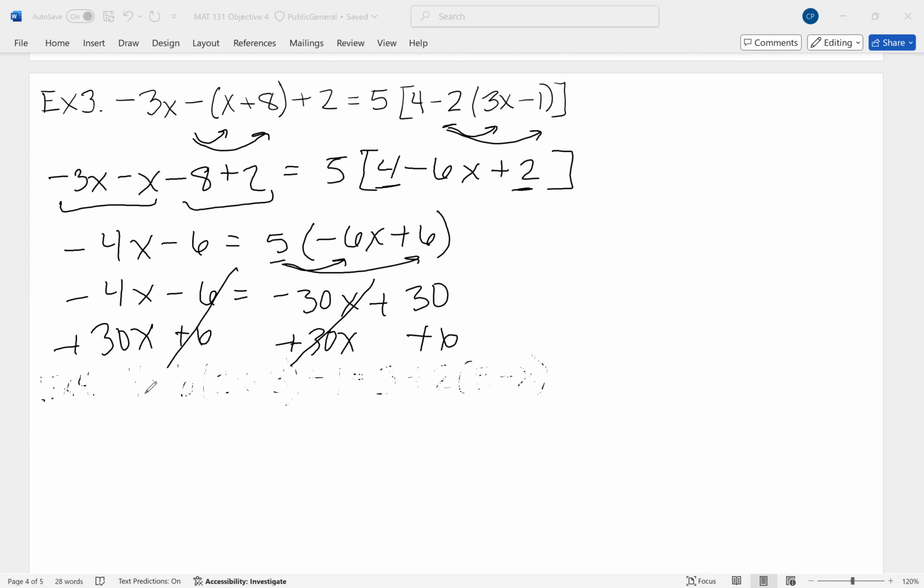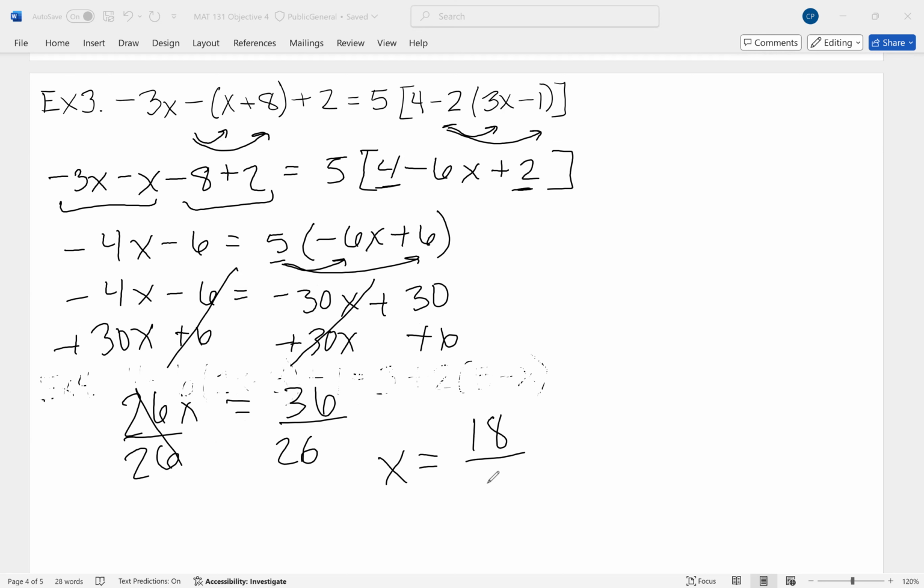That is going to leave us with 26x equals 36. And when we divide both sides by 26, x is going to be 36 over 26, which will simplify to 18 over 13, okay?